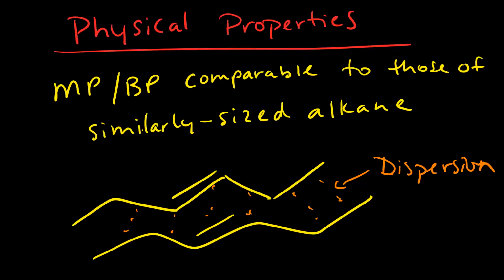In terms of physical properties, alkenes and alkanes are rather similar. The melting points and boiling points would be rather comparable if you're comparing an alkane versus an alkene of approximately the same size. The only intermolecular forces between them, of course, are going to be dispersion.